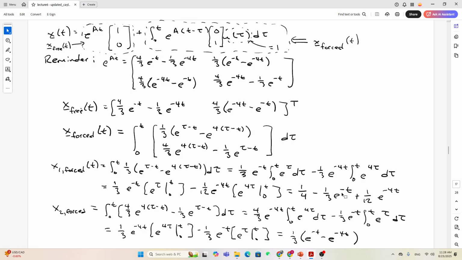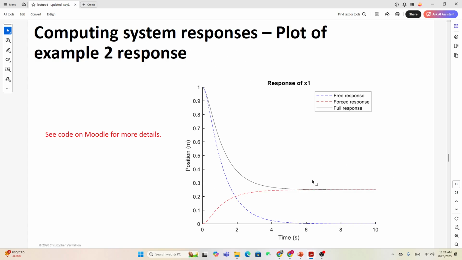So now you are able to derive the system response for a simple first order system and also more complex higher order systems, such as the one we just did, the second order system, where your A matrix is a 2 by 2 system. So if we look at how the system response looks like for the example 2 we just did, the response of x1, we have the free response, which is the blue dotted line.